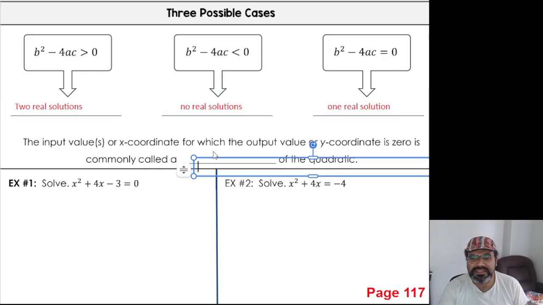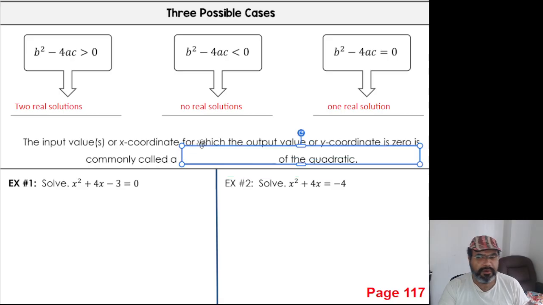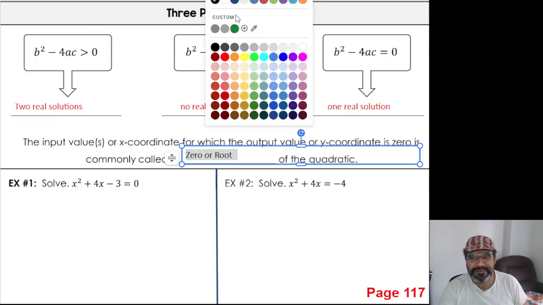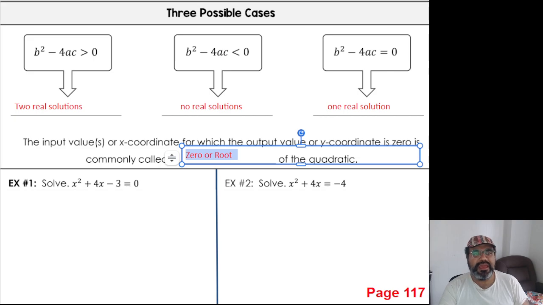We have another name too, but in this situation we also call it a root. Why root? Square root. That's why. That's the reasoning for all this information, and we can move on.